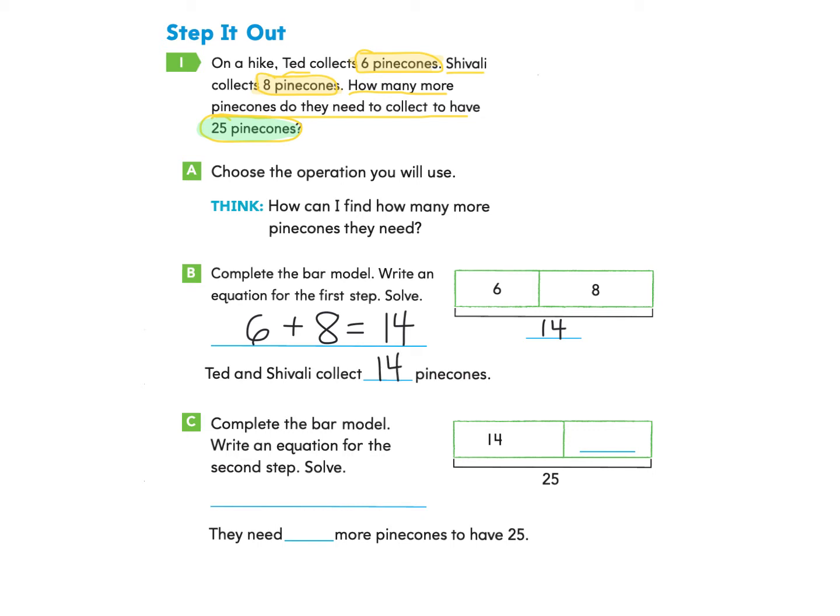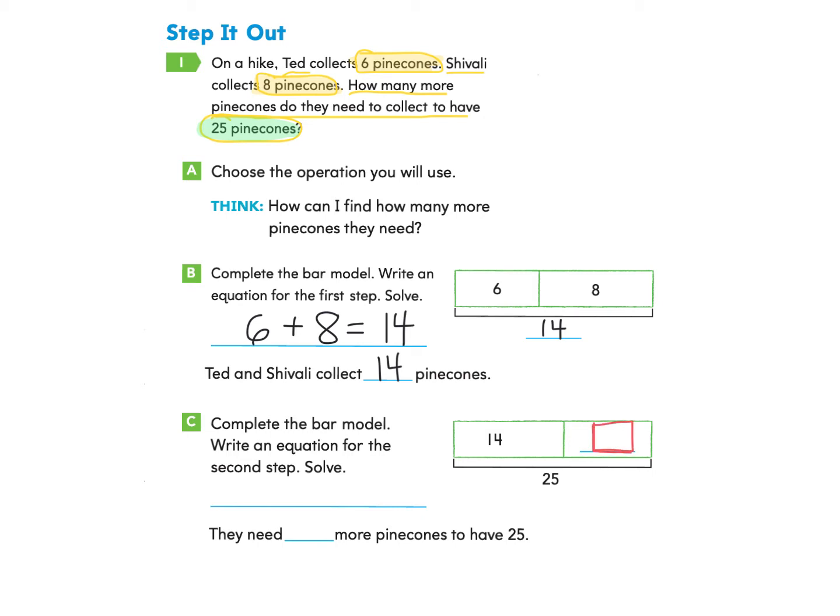Great job. All right, let's take a look at Part C. Complete the bar model. Write an equation for the second step and solve. So here we have the total amount of pine cones that they want to collect. Remember, they want to have 25 pine cones altogether. And right now, they have 14, which is what we learned when we put the 6 and the 8 together. So we need to find the unknown, the difference between what they have and what they want to have.